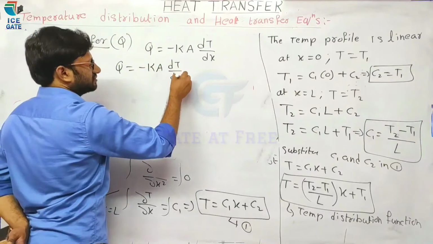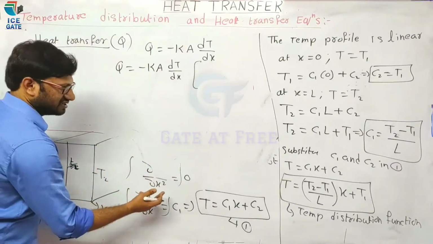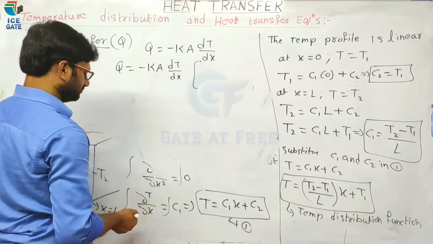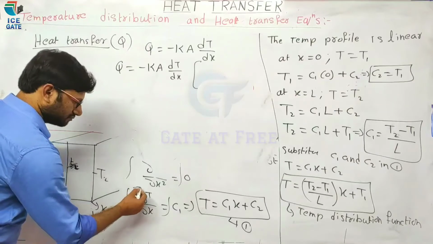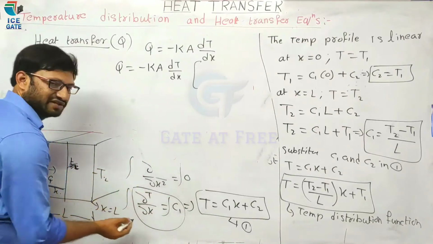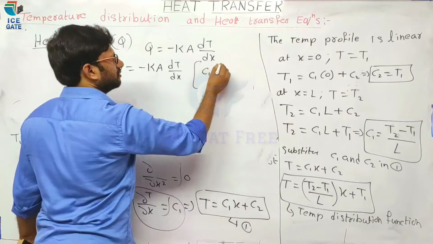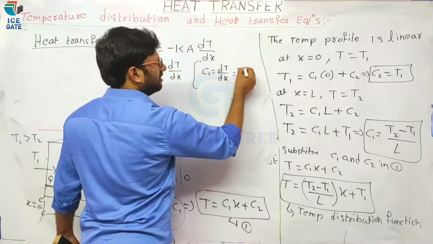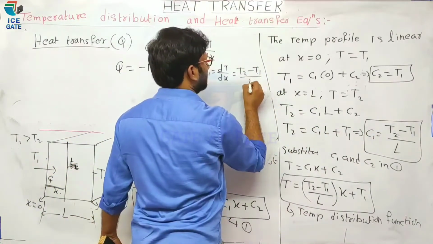We know that dT by dx is C1. Okay, C1 is equal to dT by dx. Now what is the C1 value? T2 minus T1 divided by L.